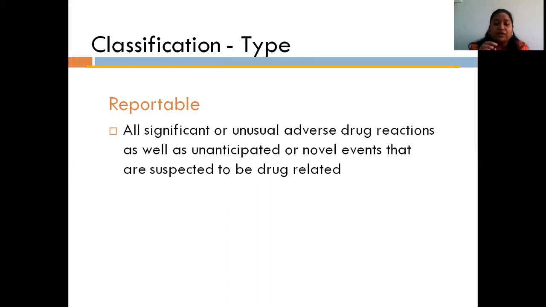So which drugs are reported? Those which produce adverse drug reactions. All the significant or unusual adverse drug reactions, as well as unanticipated or novel events that are suspected to be drug related, are reported.